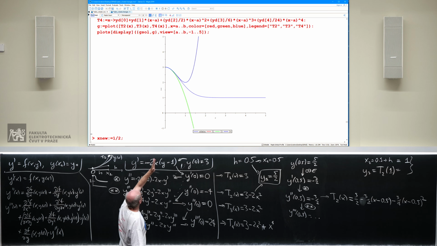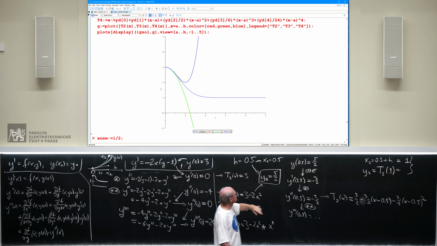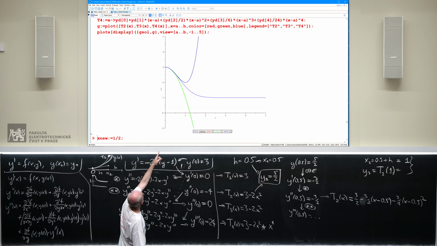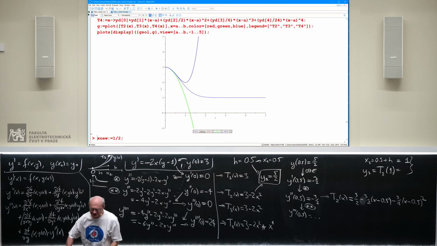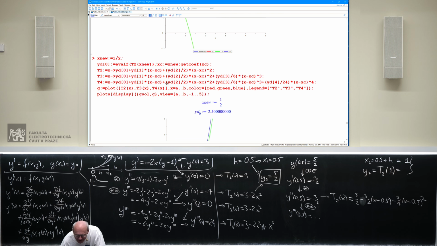Now I have to choose one of these polynomials, and I make half a step forward. So I choose a point which is located half the way between 0 and 1, and that will be my new center. So I just did. Here we go. I decided to use x new 1/2, and let me look at the code.